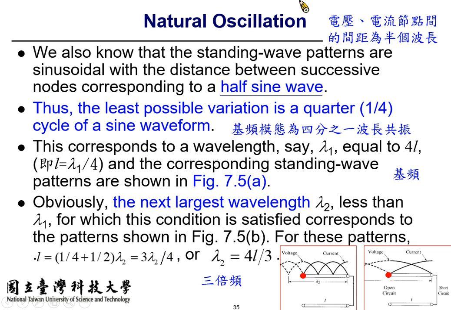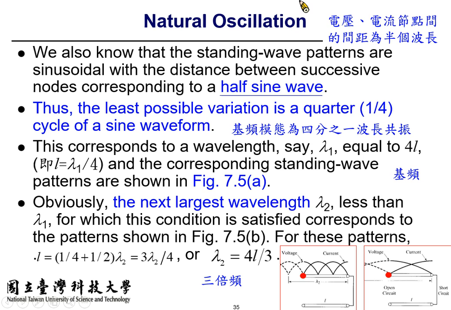As we observe the voltage and current distribution on a short circuit line, which exhibits a completely standing wave, we notice that the voltage nulls and current nulls, as well as the voltage maximums and current maximums, are separated by a distance of a half wavelength.